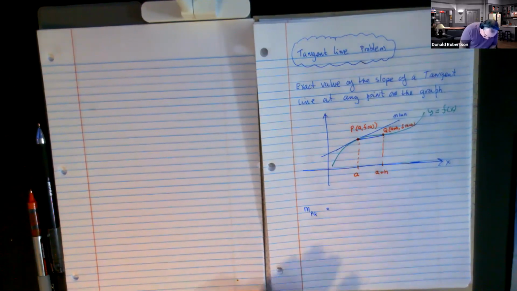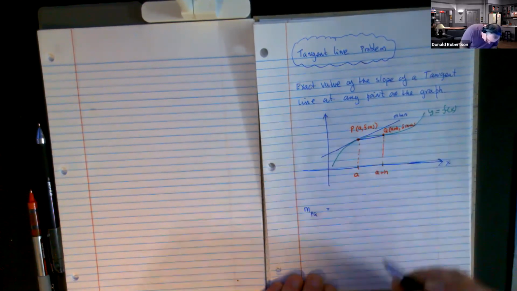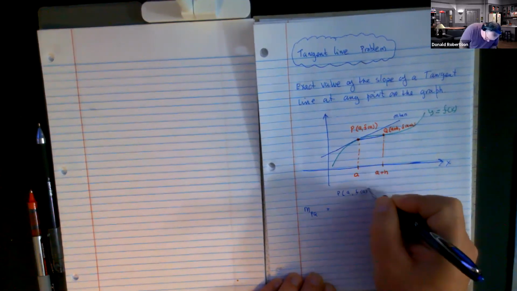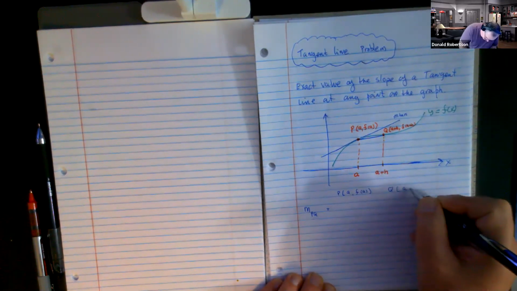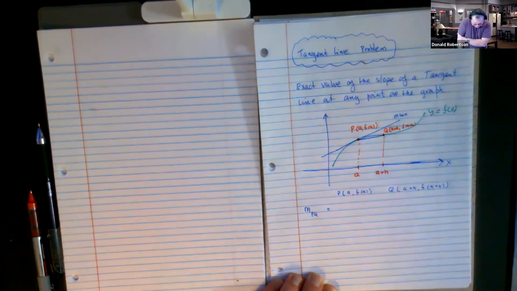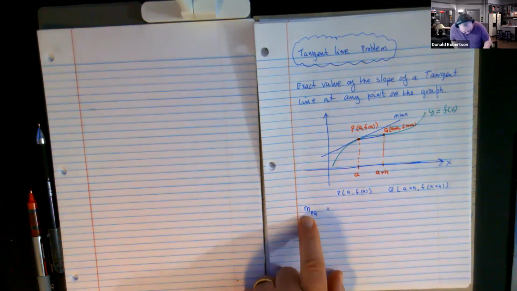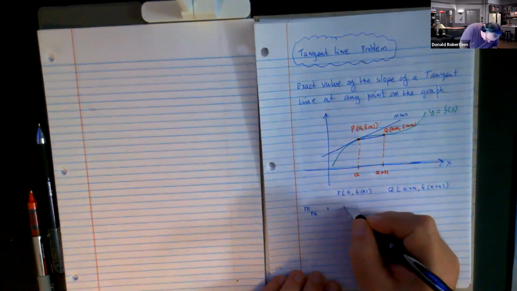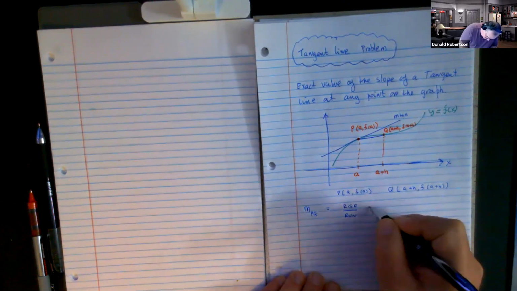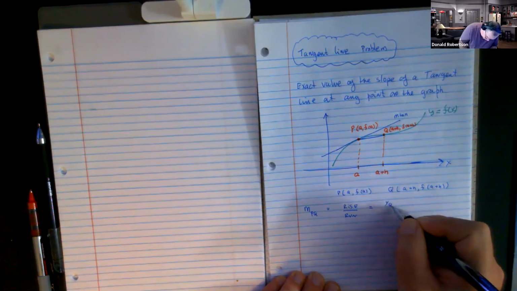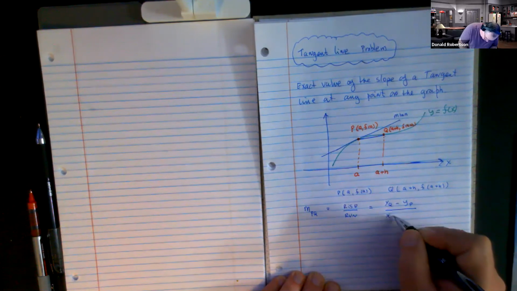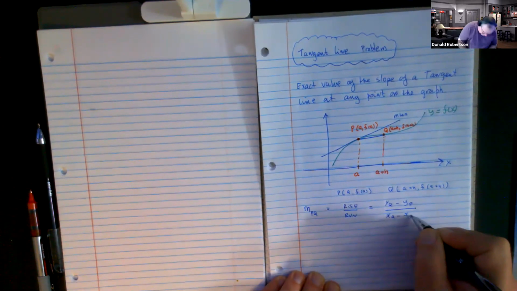Now, if you want to find the slope of a line joining 2 points, and point P has coordinates A, f of A, and Q has coordinates A plus H, comma, f of A plus H, then the slope from P to Q is the rise divided by the run. That's the y coordinate of Q, take away the y coordinate of P, over the x coordinate of Q, take away the x coordinate of P.